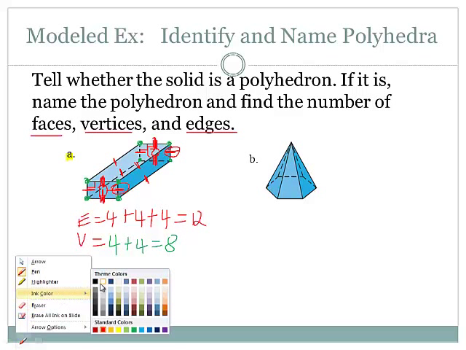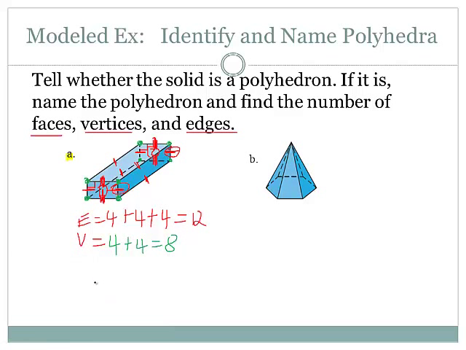And then the third one is going to be your top. 4th is bottom, 5th is the right side, 6th is the left side. So think of the faces: front, back, side, side, top, bottom. So in this case we have 6. And again, this is called a rectangular prism.